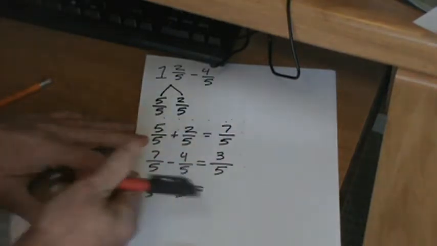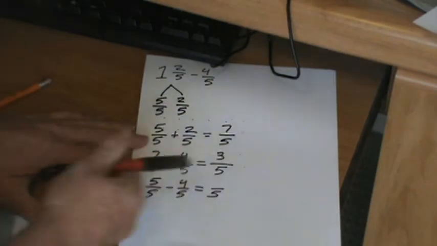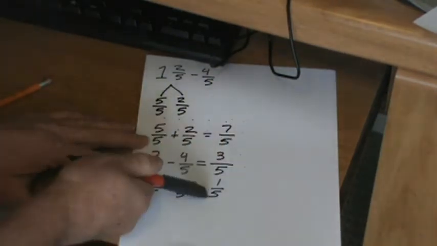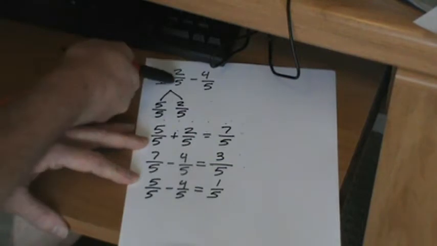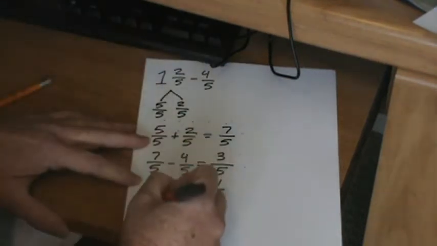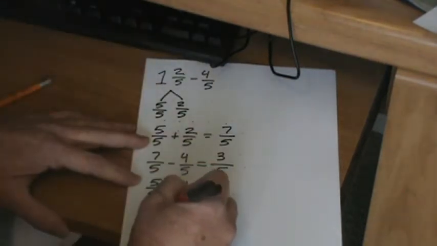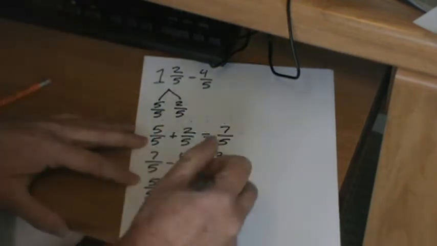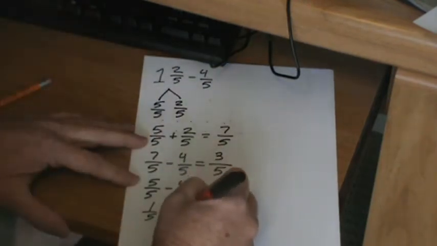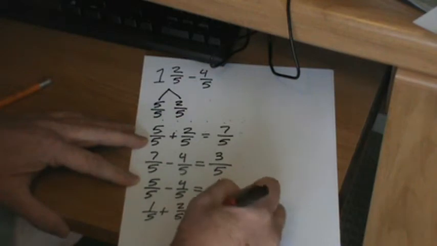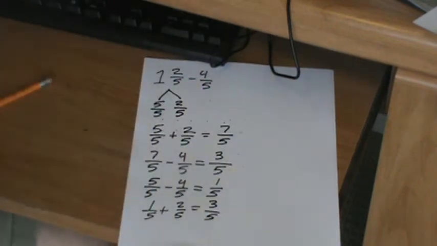And that would equal what? Well, the 5 stays the same. The denominator does not change, and 5 minus 4 is 1. So we're left with 1/5. Then we add on the 2/5, okay? 1/5 plus that 2/5 from up here. And that would also give us the answer of 3/5, okay?